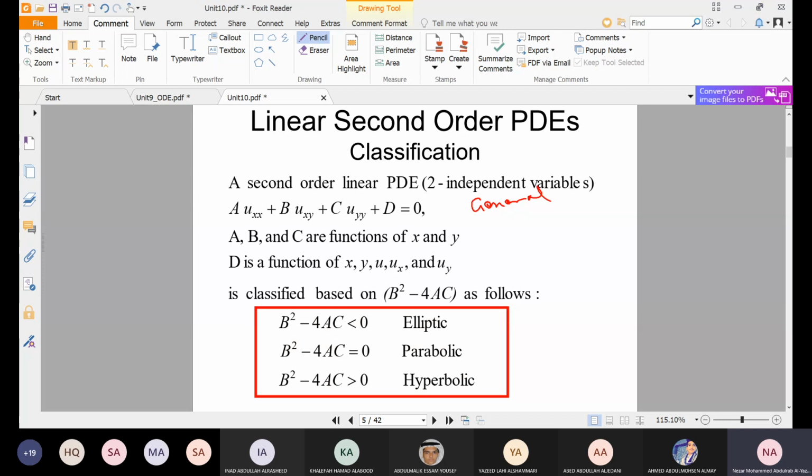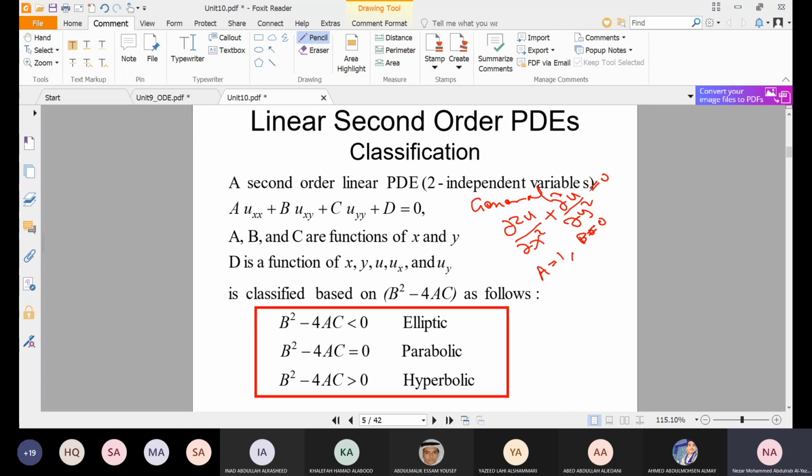Okay, so if you look at the Laplace equation, we have d squared u over dx squared plus d squared u over dy squared, and this equals 0. So here the coefficient a equals 1 from this equation. b equals 0, b being the coefficient of d squared u over dx dy.